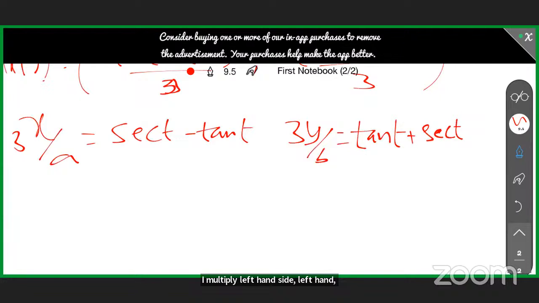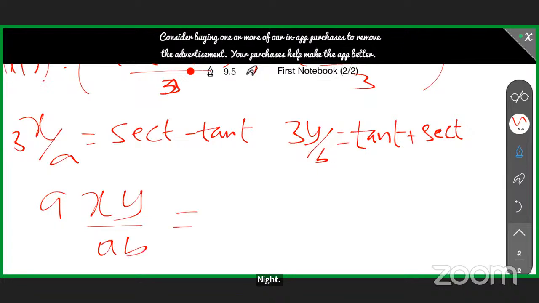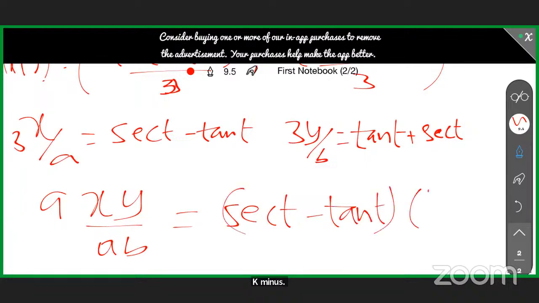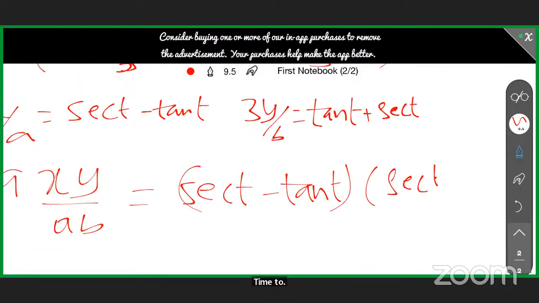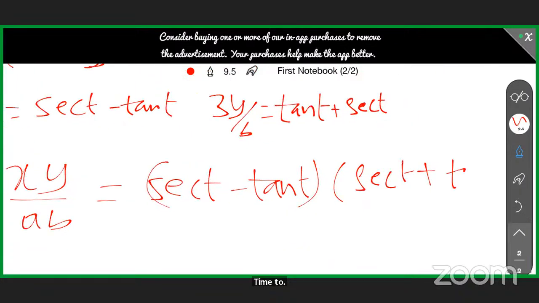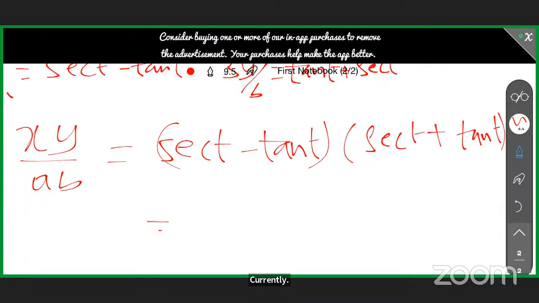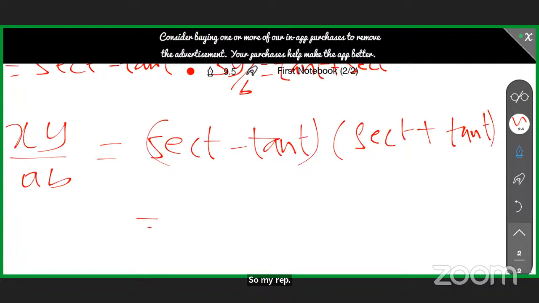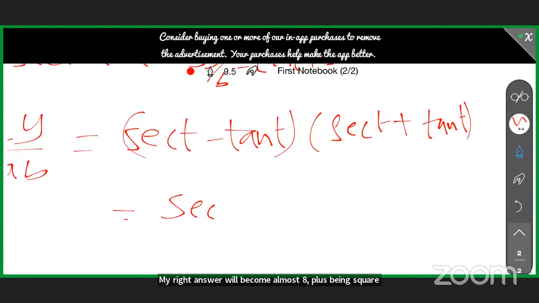That will become 9xy by ab is equal to (sec t minus tan t) into (sec t plus tan t). So my right hand side will become, (a plus b) into (a minus b) is a square minus b square, sec square t minus tan square t.